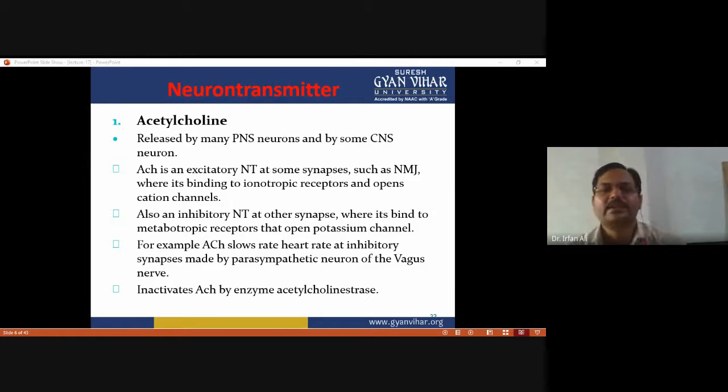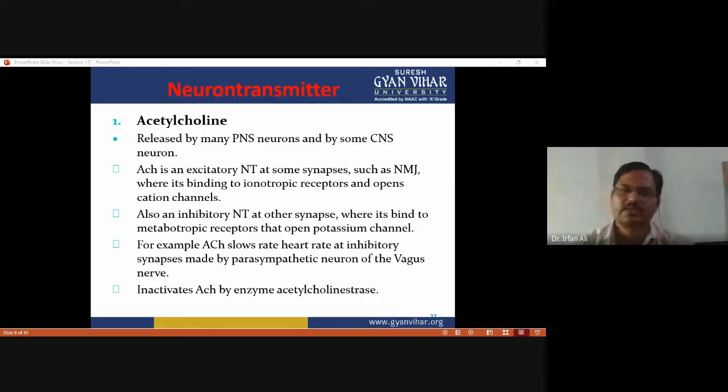It is also an inhibitory neurotransmitter at other synapses where it binds to a metabotropic receptor that opens a potassium channel. For example, acetylcholine slows heart rate at inhibitory synapses made by parasympathetic neurons of the vagus nerve.